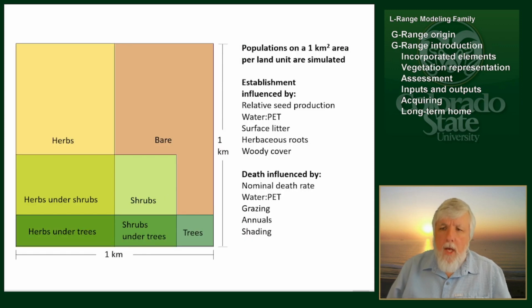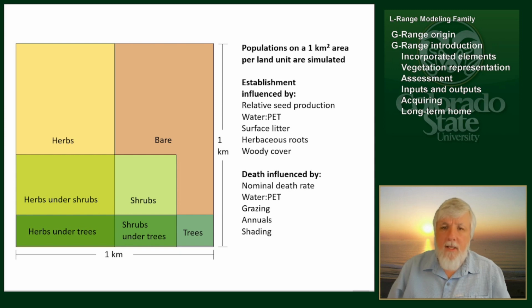I spoke of the individual packing algorithm. I think in a sense of the biogeochemical pathway, the Century component of the model, as representing a square meter within each cell, no matter what the size of the cell might be. And the same is true for the individual packing algorithm. The populations of plants for each cell are known, and they are represented within 1 square kilometer.